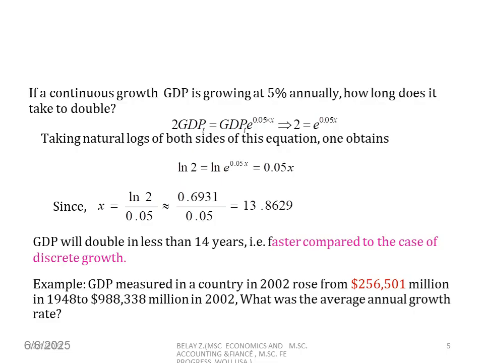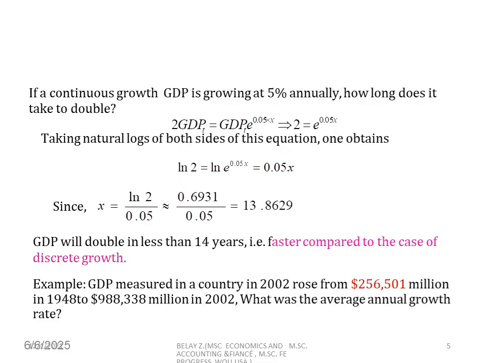Since x is equal to ln 2 over 0.05, we get 13.8629. GDP will double in less than 40 years because continuous growth is very fast.